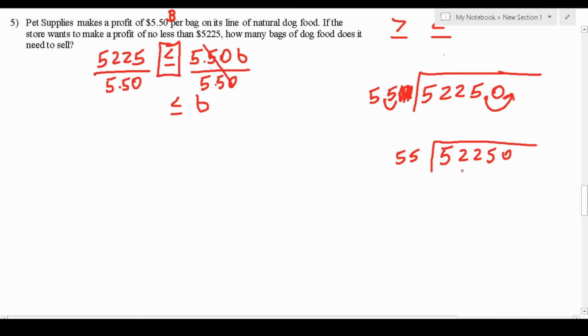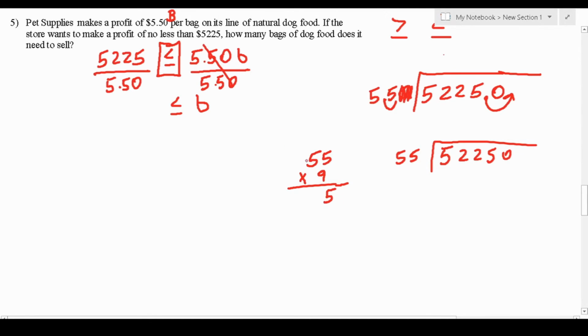Well, 55 times 10 would give you 550. So if we do 55 times 9, that should get us pretty close to 522. So let's do that off to the side. 5 times 9, as we saw earlier, is going to be 45.